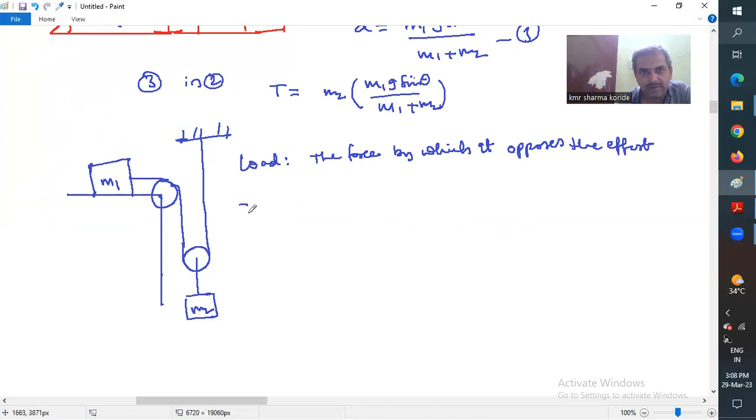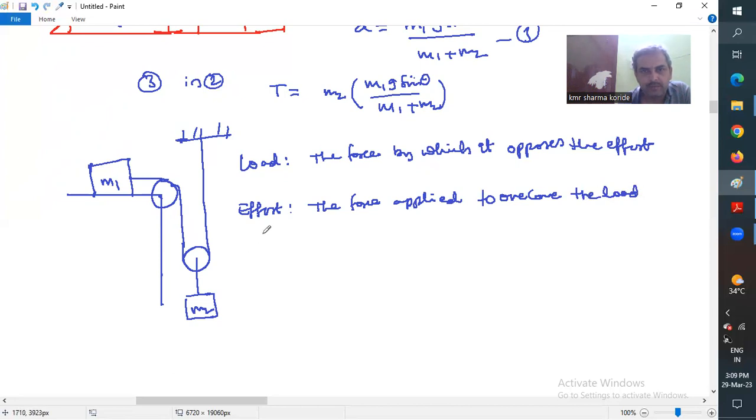So what is effort? The force used, the force applied to overcome the load.